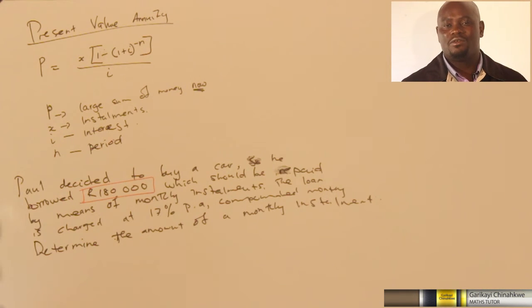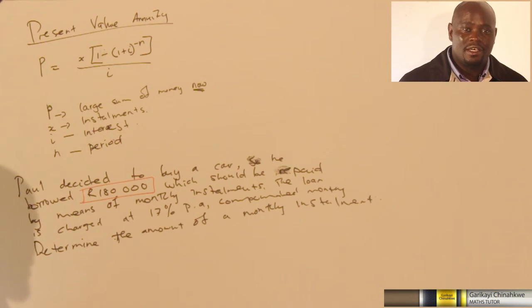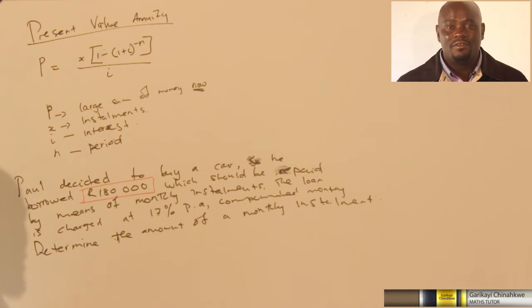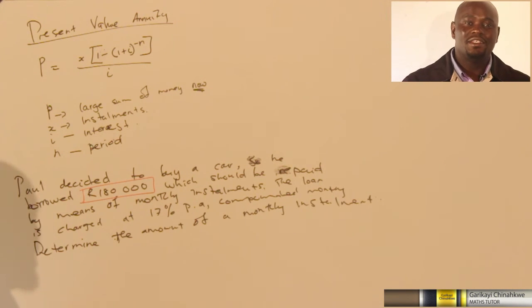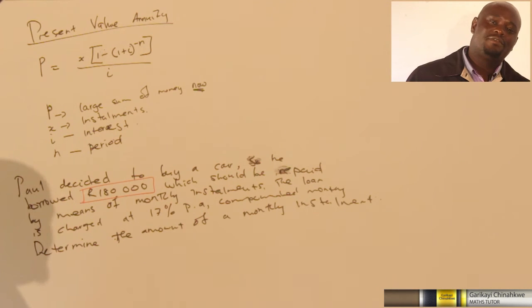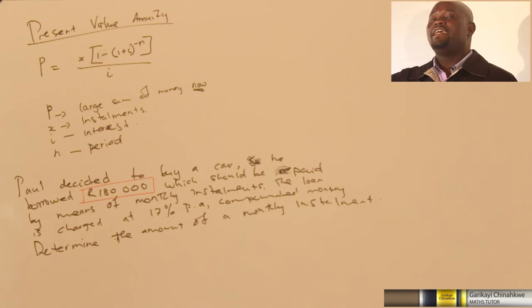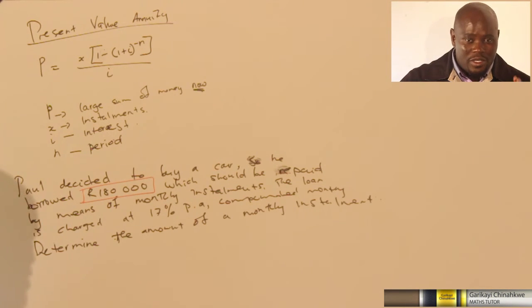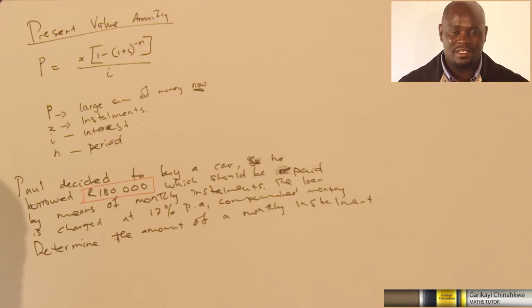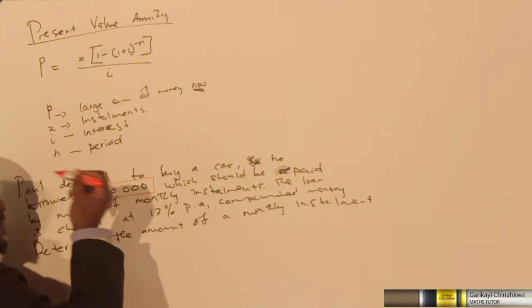Because if you go to a bank, you go and borrow, they will give you the money. Maybe it's after 2 weeks time or one week or 3 days. When they give you that large sums of money, you are given it now, and it's present value. It's different from future value, because with future value you are going to have large sums of money later. With present value, you get large sums of money now. Okay, so the 180,000 you borrowed from a bank is given now.